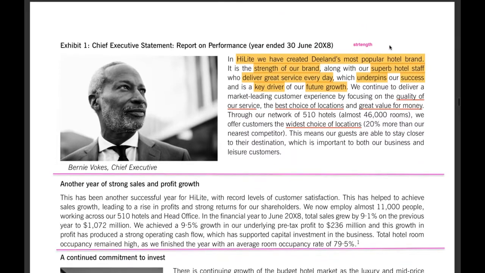So what can you say about this particular strength? Remember, the first question just now is on national competitive advantage, isn't it? Okay.